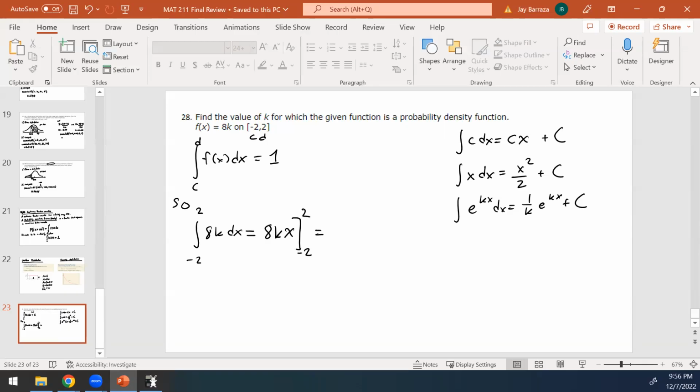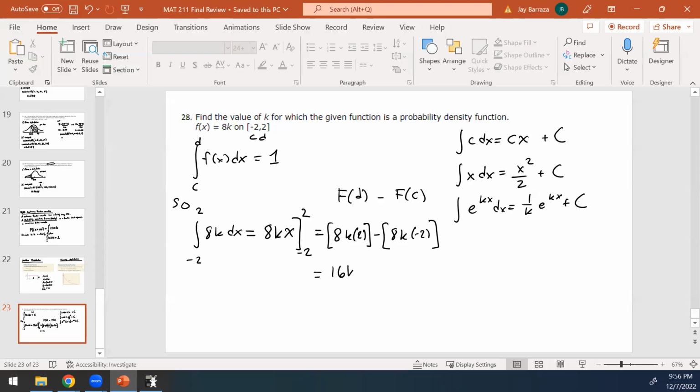So I'm going to replace every x with 2 and then subtract 8k times -2. So this is f of d minus f of c.